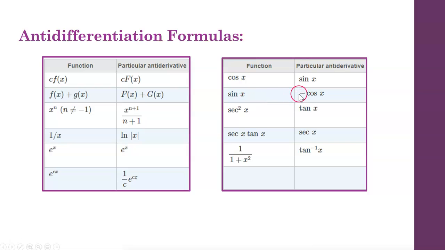We knew the derivative of tangent x is secant squared, therefore the antiderivative of secant squared becomes tangent. We know the derivative of secant is secant x tangent x. That means the antiderivative of secant x tangent x is going to be secant x. And finally, we know the derivative of tangent inverse of x is 1 over 1 plus x squared. Therefore, the antiderivative of 1 over 1 plus x squared is tangent inverse of x.